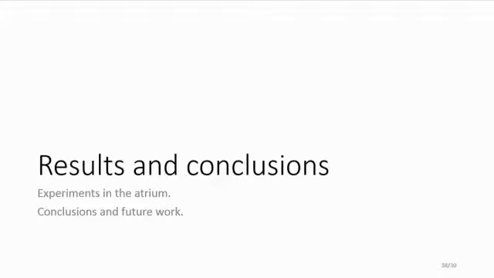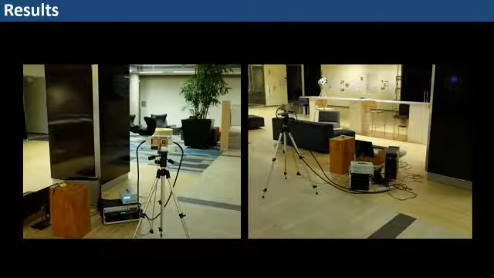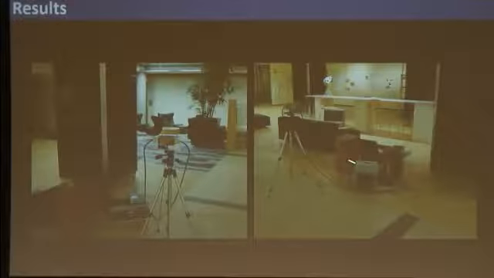So these are some results. Brace yourself. And then some future work that I think could be done in order to really improve what I'm having. So this is the experimental setup at some time of the night in the atrium of our building here. Cleaning ladies were not very happy that I was preventing them from coming here.